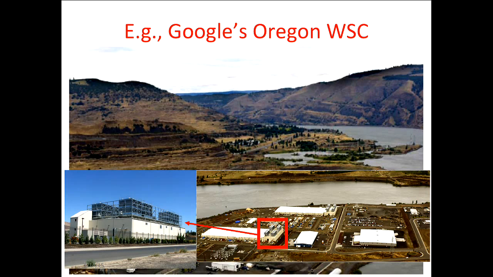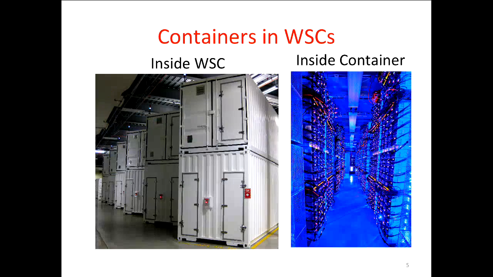Okay, so let's go inside this computer. Then you can see some containers inside a building. This is not very interesting. However, if you go inside this container, you can see a fantastic picture.